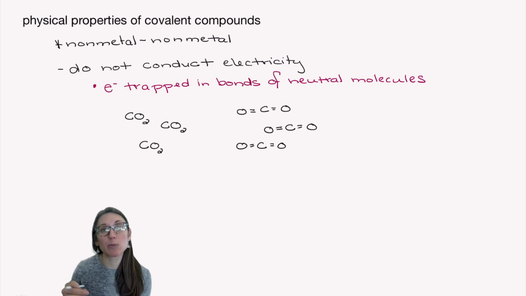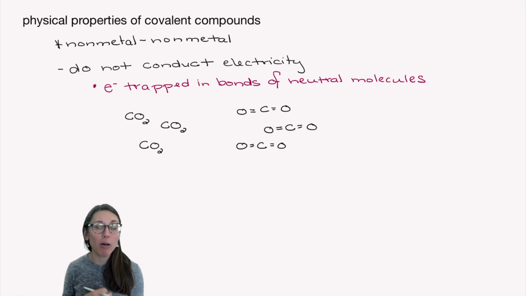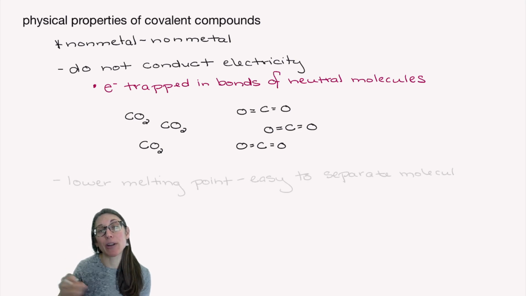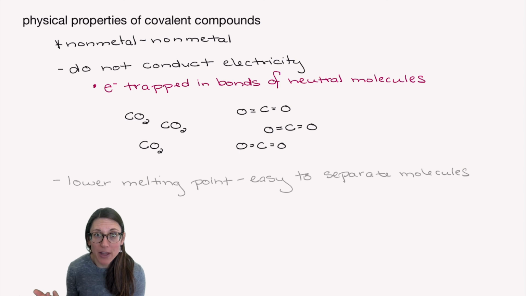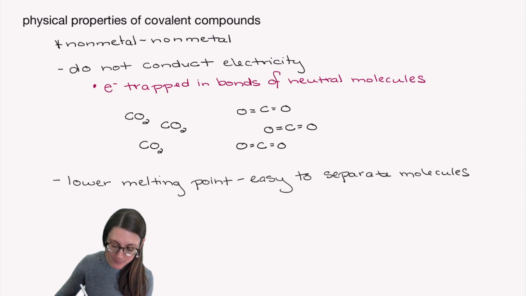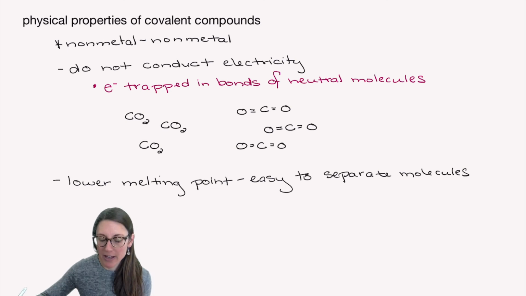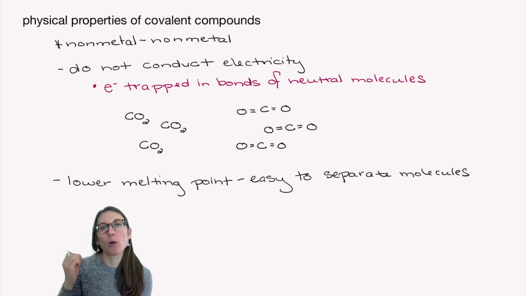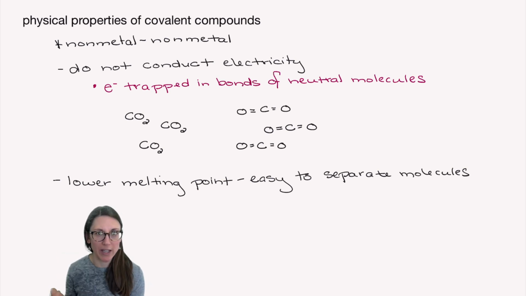So once we have that understanding, this explains why covalent compounds tend to melt at lower temperatures. It's relatively easy to separate the molecules from one another because there's nothing in terms of a chemical bond that holds them together. I feel like I have to put a caveat in here. We are going to talk about what are called the intermolecular forces that do allow individual molecules to stick together at lower temperatures, but you don't have chemical bonds holding those molecules together, and thus it's relatively easy to separate them.